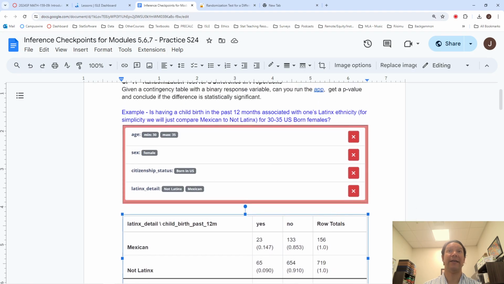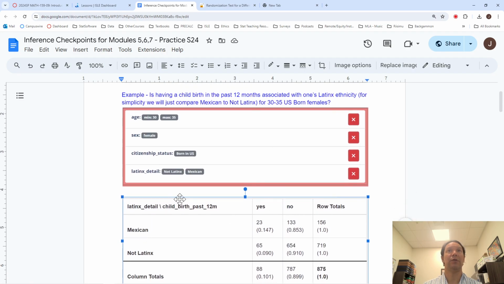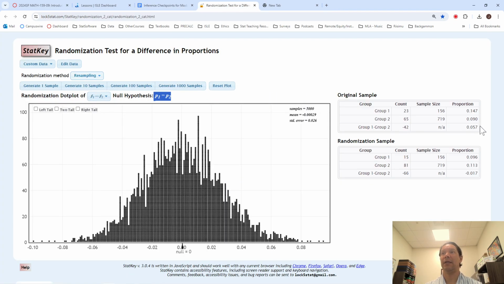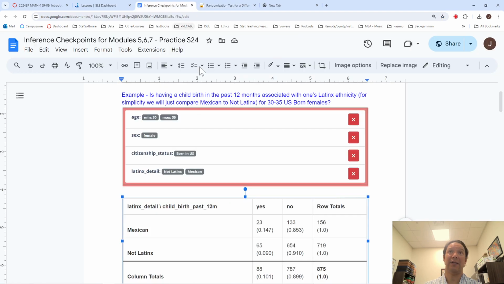It's really the weighted average of the two groups, but that's not a big deal here. So 5.7% is the difference, and we're seeing how likely that would happen just through randomization, sampling groups of 156 and 719, if we assume the percentages were the same at 10%.